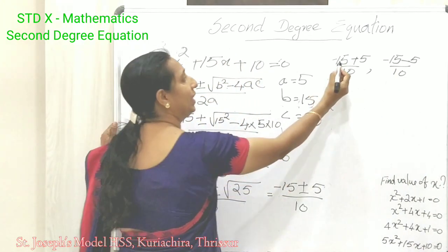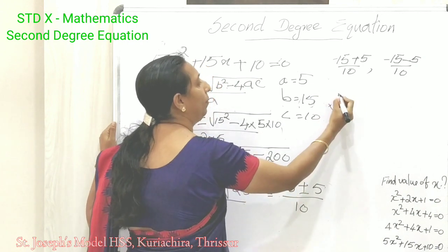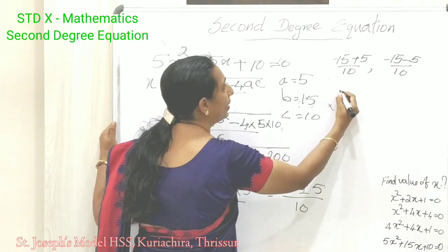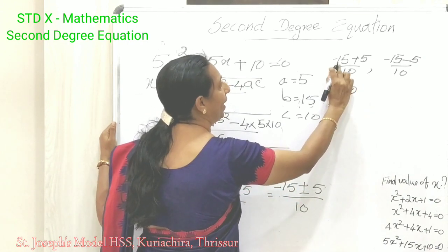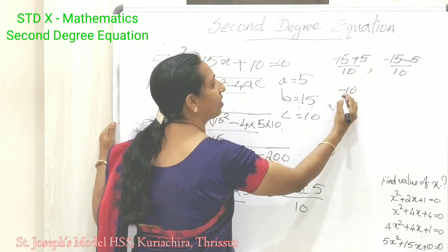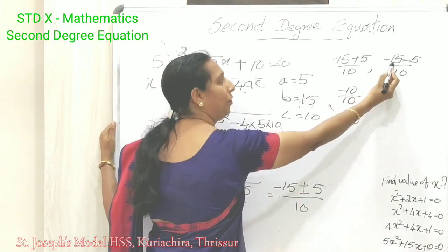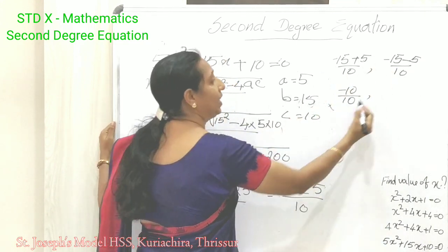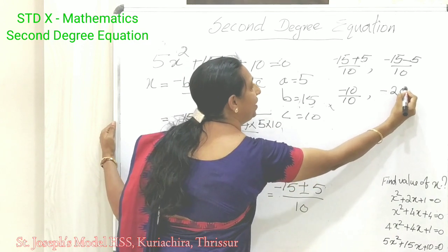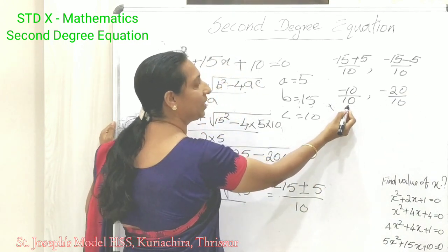Here, minus 15 plus 5. How will you calculate? You have already studied in your previous year. That is minus 10, minus 15 plus 5 is equal to minus 10, divided by 10, comma, minus 15 minus 5 is equal to minus 20 divided by 10. That is minus 10 by 10.